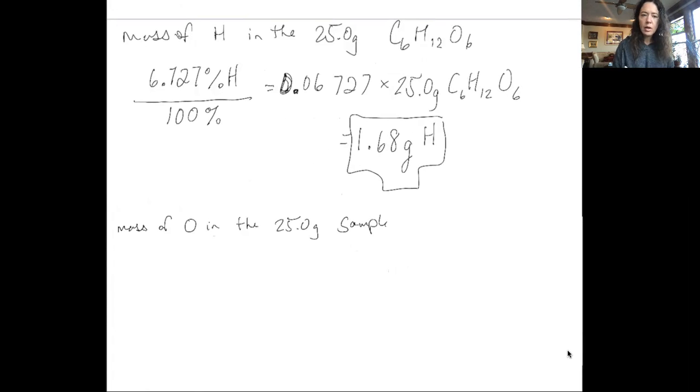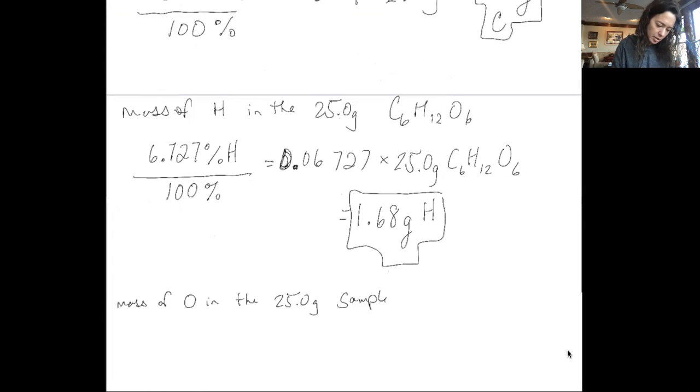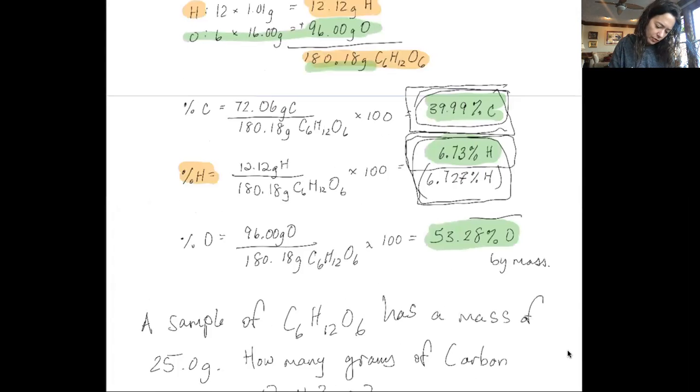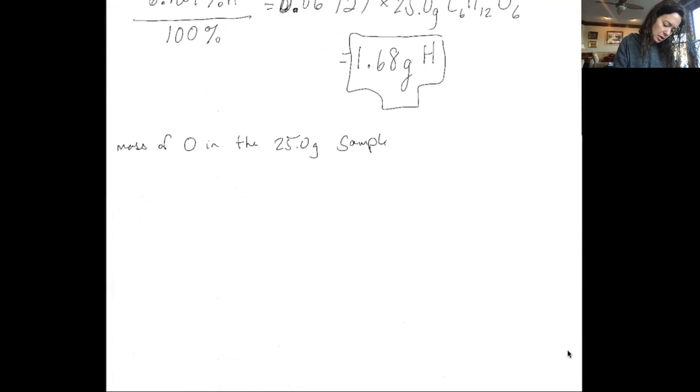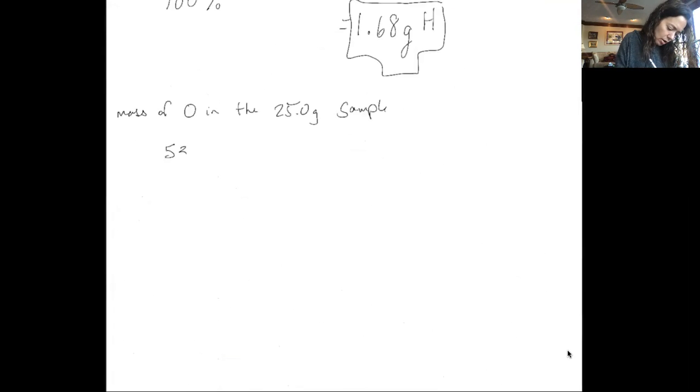All right, okay. We need the percentage. We know that 53.28% of the sample mass is due to oxygen. So let's take the 53.28% divided by 100. We get 0.5328.